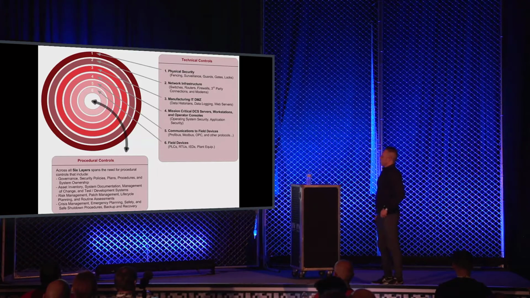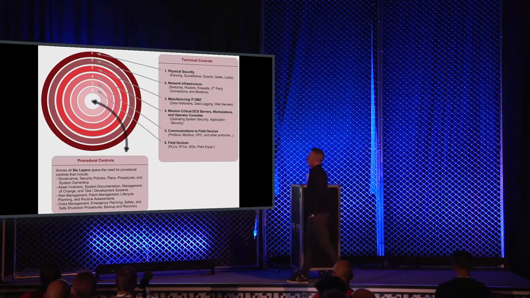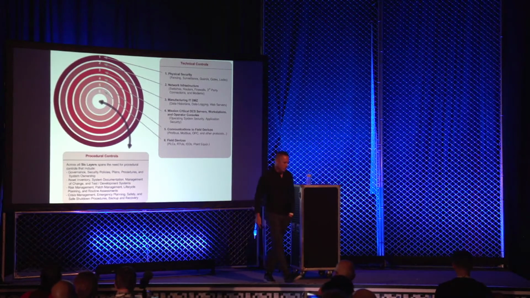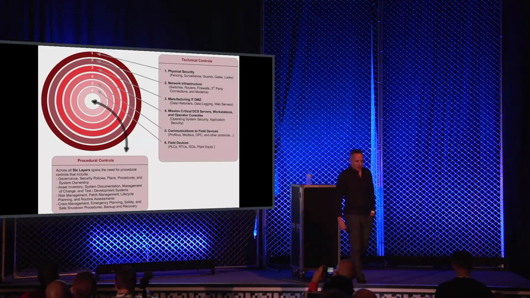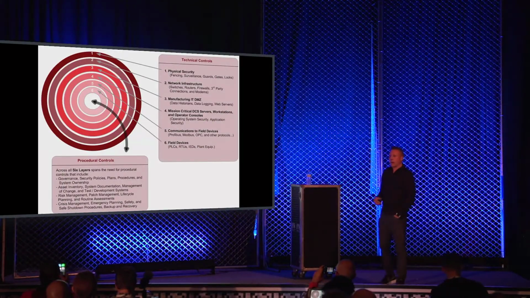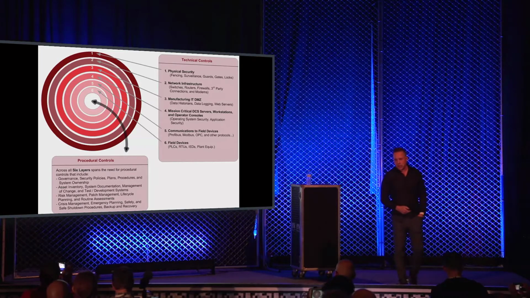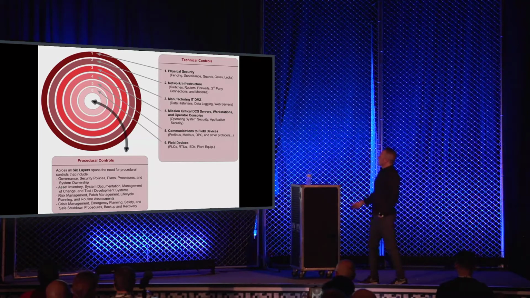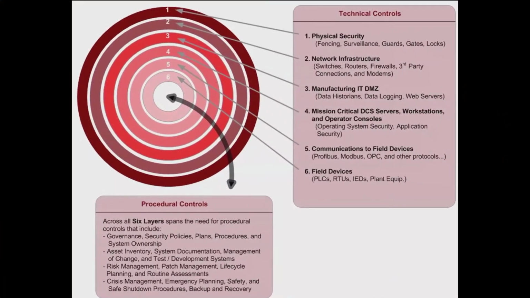And most frameworks will divide their controls into procedural controls and technical controls. The technical controls are going to be things like how the systems are configured, how the architecture is set up, what ports and services are turned on, what applications are installed, what patches are installed. And we divide up the technical controls and the procedural controls into these 6 areas. It just makes the assessment easier to make sure we don't miss anything.